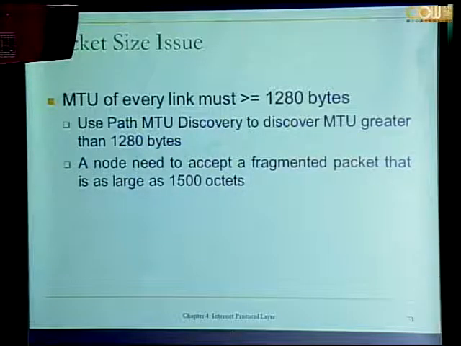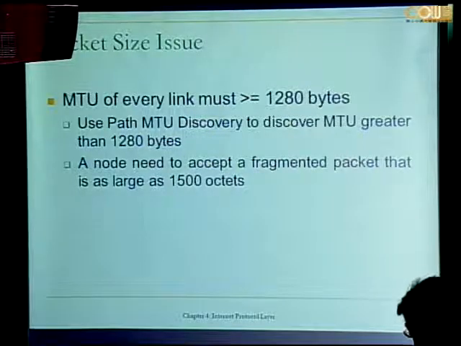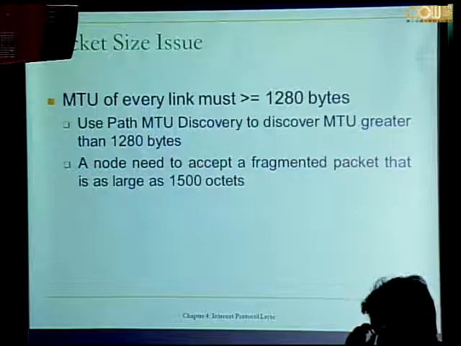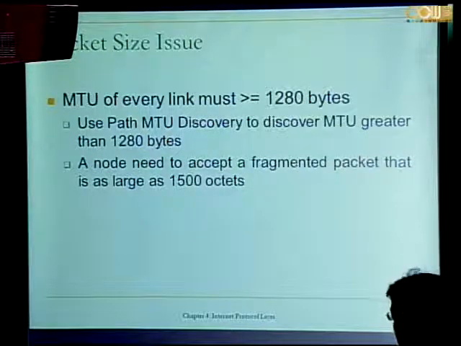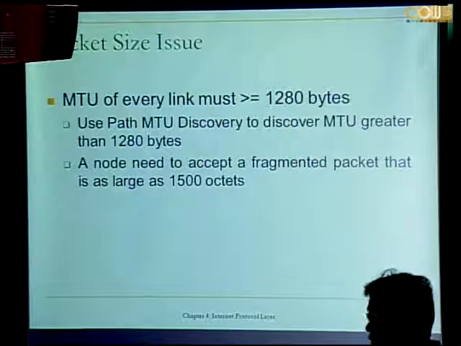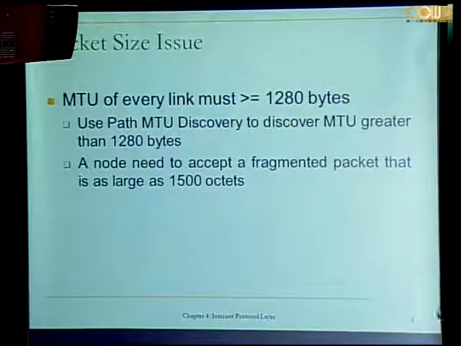The router doesn't process the extension header mostly, and the reassembly is only done at the destination host, which is the same as IPv4. But in IPv4, you can do fragmentation at routers, but in IPv6, you can't.